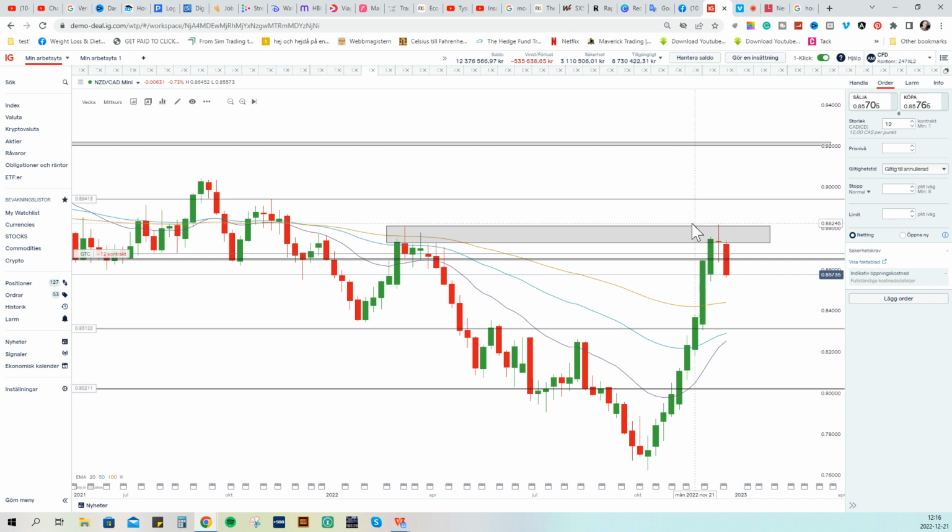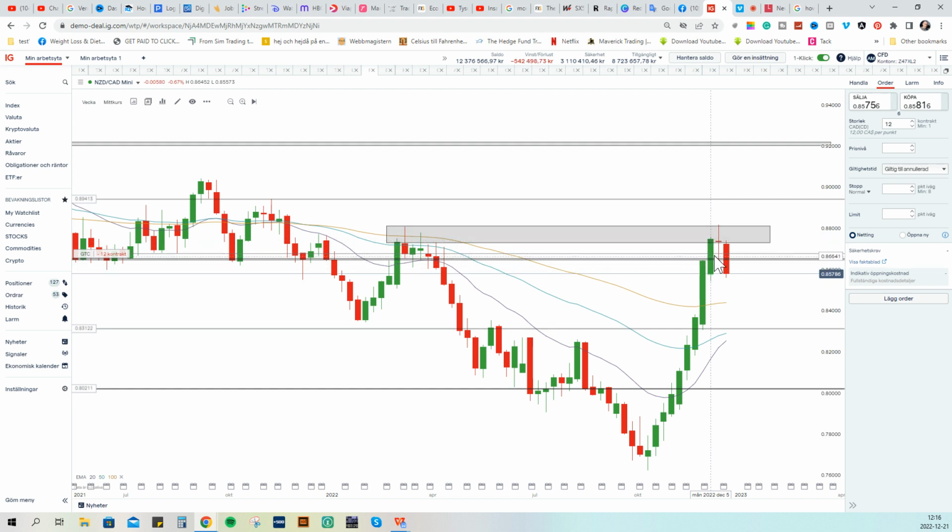And now we can see an evening star pattern formation here, which consists of 3 candlestick bars, 1, 2, 3. The first, in this case, must be a long bullish green bar like this.